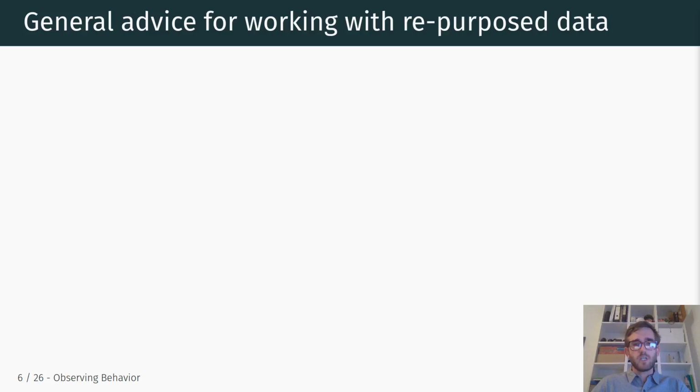So there are a couple of different pieces of advice when we think about how we can ideally make use of different sources of data that are collected by third-party agencies.